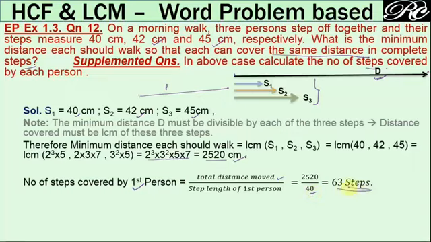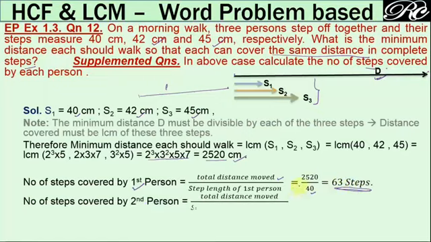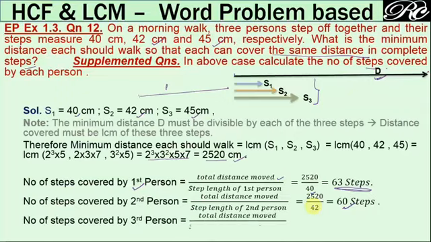The first person has to move 63 steps. For the second person, total distance covered divided by the step length of second person, it is coming as 60. Similarly for the third person, number of steps covered will come as 56. So these are the number of steps covered by individuals.